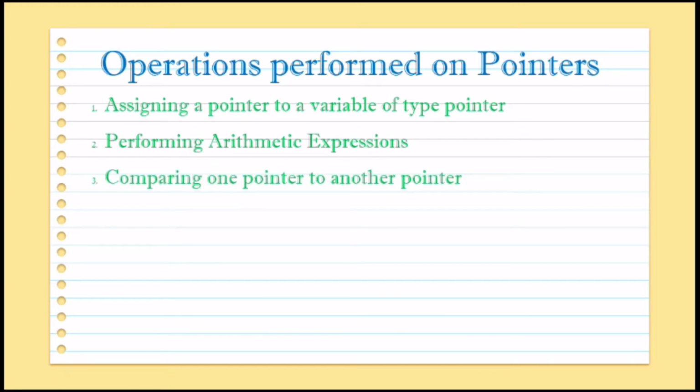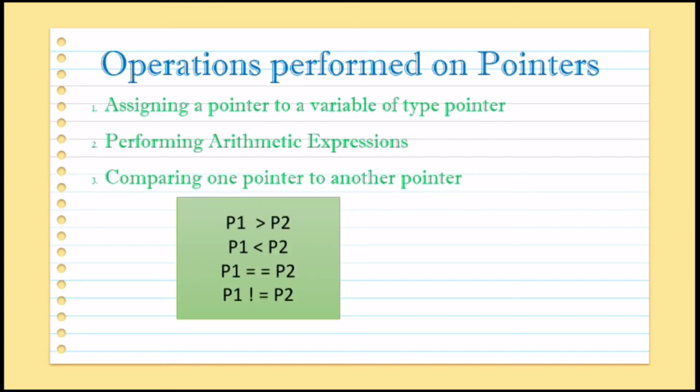The third operation is to compare one pointer with another pointer. So suppose p1 and p2 are two pointers, then we can compare whether p1 is greater than p2 or p1 is less than p2, or even we can compare whether p1 is equal to p2, and also we can compare whether p1 is not equal to p2.